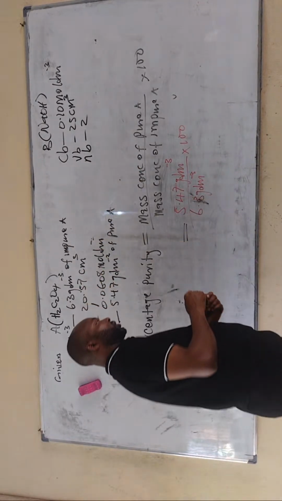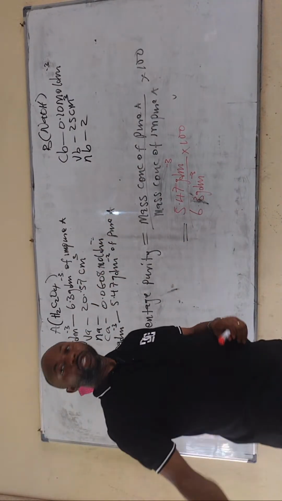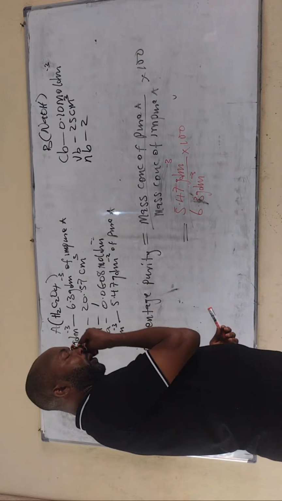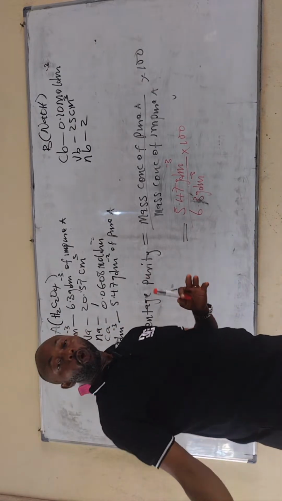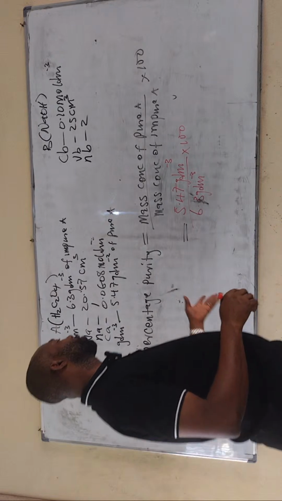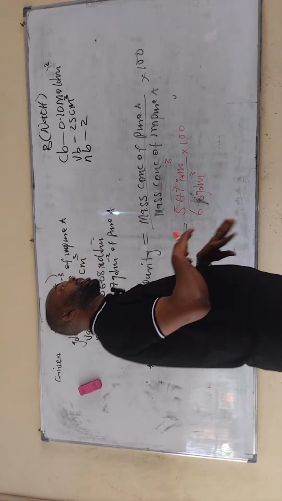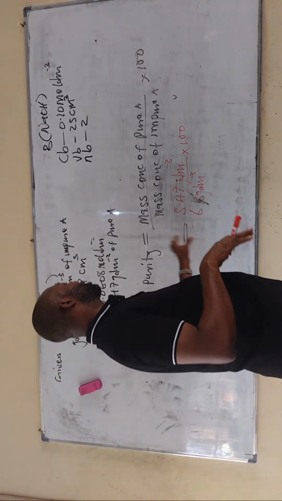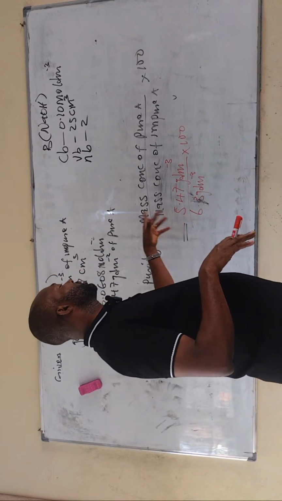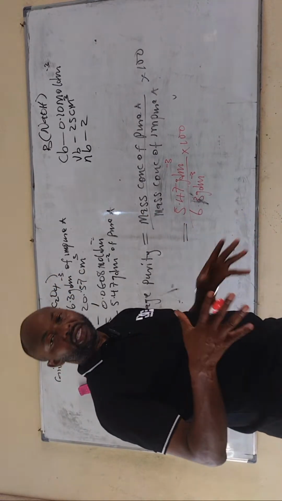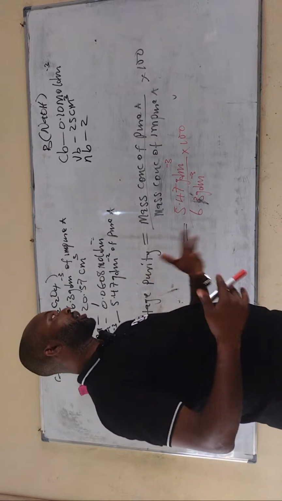Remember, I told us that in the course of our calculation, the mass con of pure is always lower or lesser than that of impure. So at any time you're dealing with this calculation and your mass con of pure is higher than that of impure, note that there is a mistake which you must check to correct.